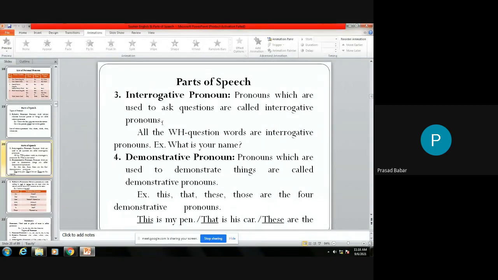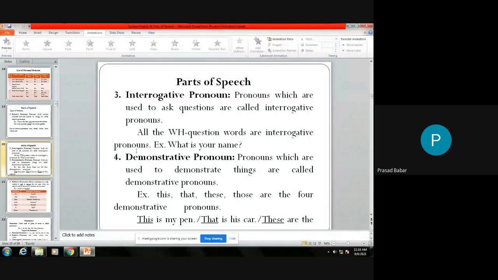Then all types of WH words like what, where, when, which, whom, whose, these are the interrogative pronouns. Then the fourth type is demonstrative pronoun.